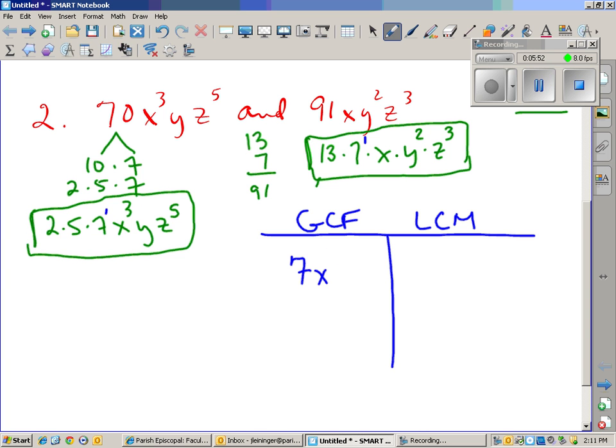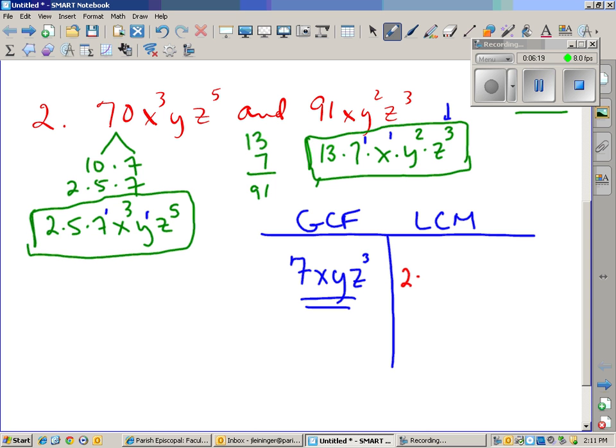I see an x in both boxes. The lowest exponent I see is the ghostly 1. I see a y in both boxes. Again, the ghostly 1. And for z, his lowest exponent happens to be this guy right here, z cubed. That's the GCF.